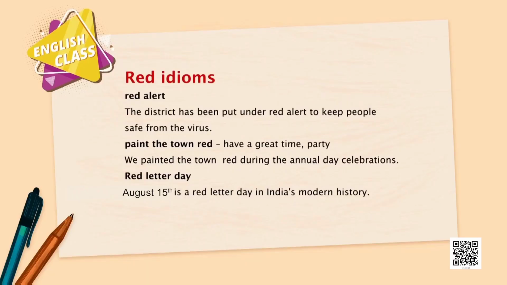Next one, red letter day. August 15 is a red letter day in India's modern history. What is that then? It's a notable, celebratory and important day. Suppose someone wins, let us say, the highest medal or wins the game, it is a red letter day in his life.